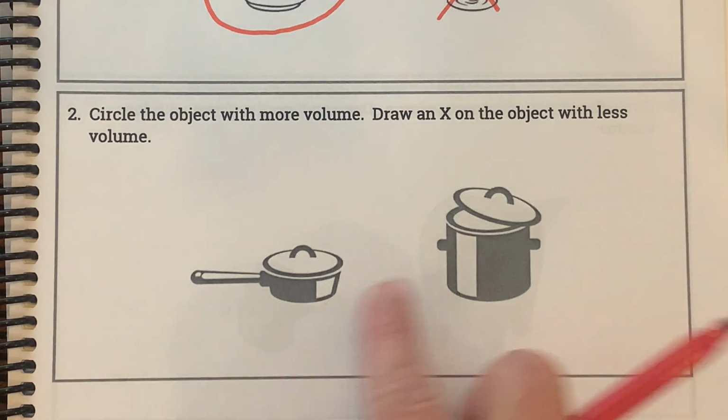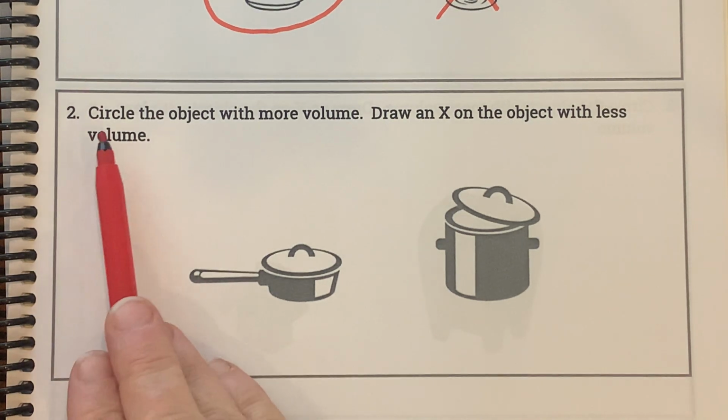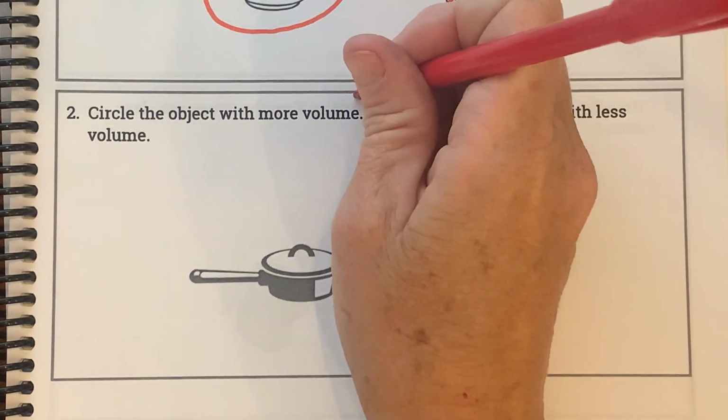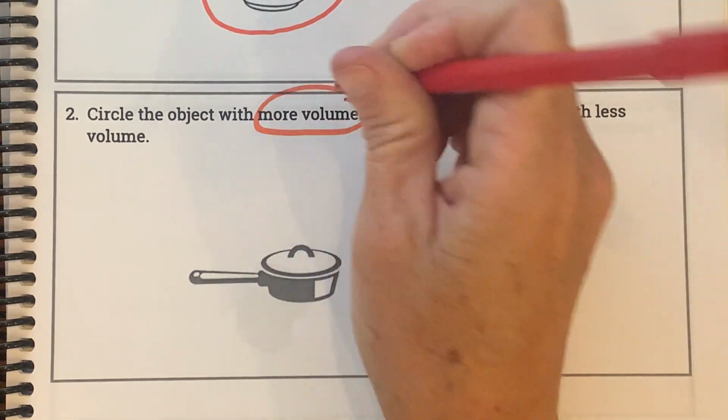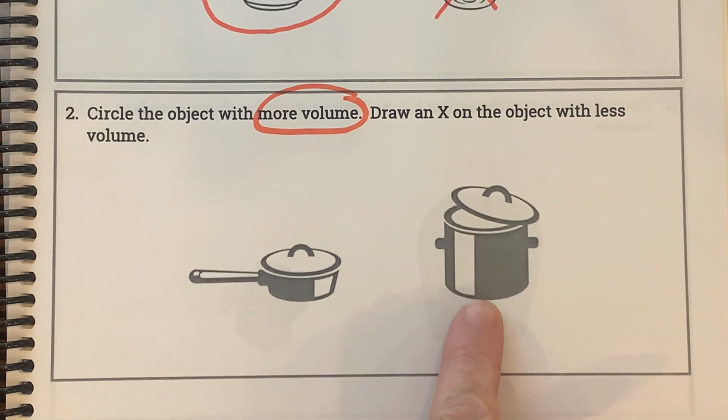And it has two different pots, like two different things that your mom or dad would cook with on the stove. Okay, so it says, circle the object with more volume. So more volume they want circled. So which one holds more, this pot or this pot? If I was putting water in them to boil, maybe I was going to make spaghetti, which one could I put more water in?